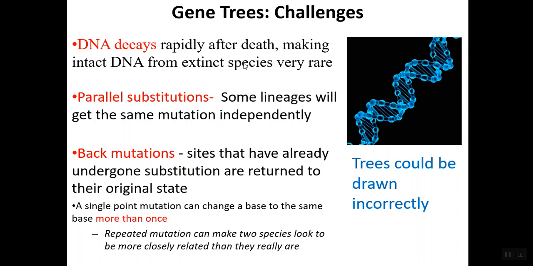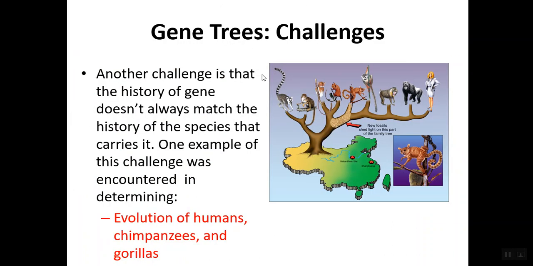All right, so keep in mind all these challenges. Now, the one particular challenge I want to talk about is the evolution of humans, chimps, and gorillas. This was for some time very controversial. We didn't know who was the group that was more closely related to humans, chimps or gorillas.